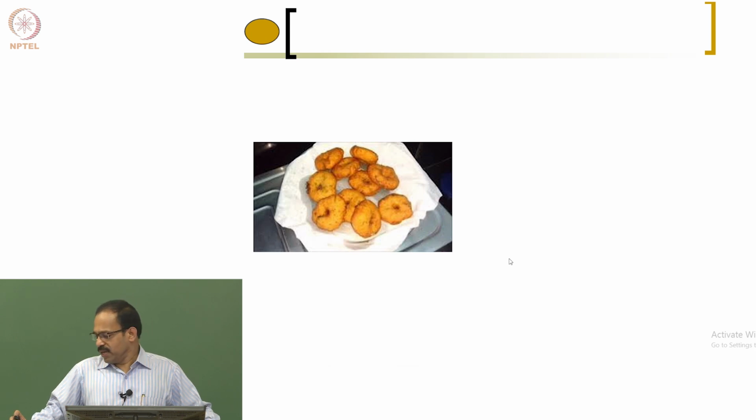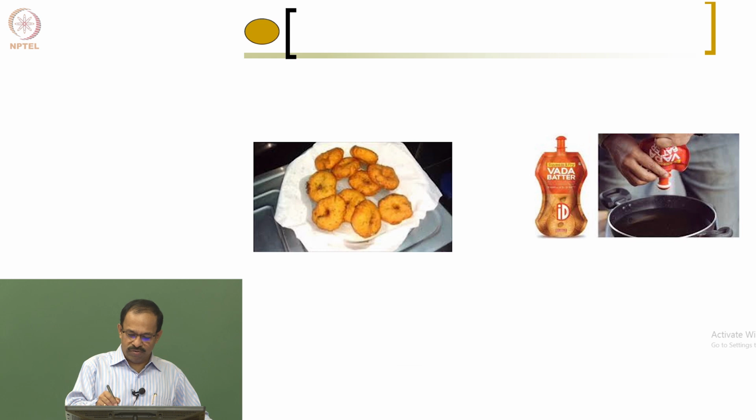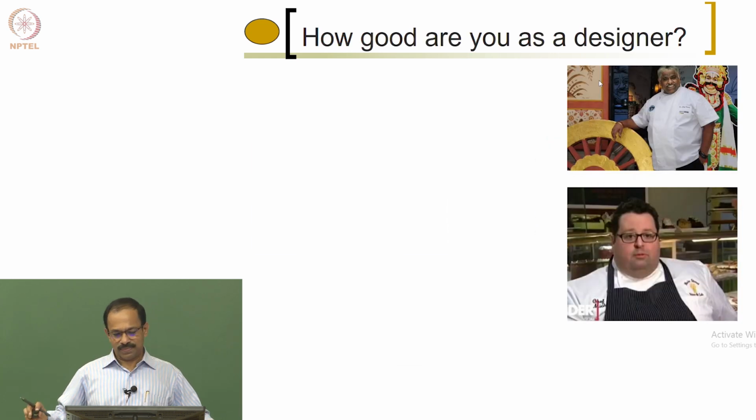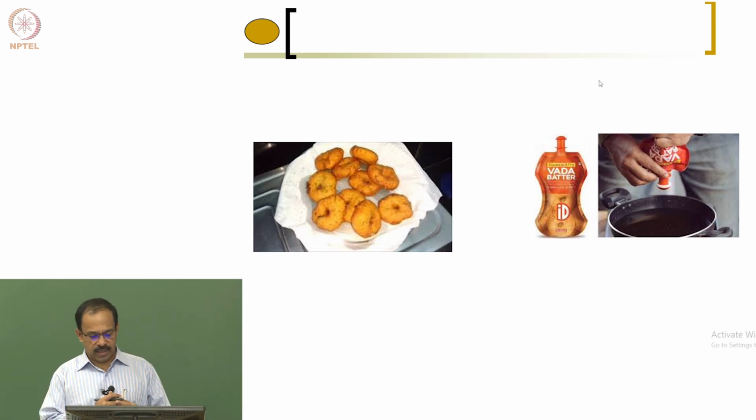And that is when a company in Bangalore, you might have heard about iD, right? This company, iD, is the one which makes a lot of products for dosa, idli and all. You can go and get ready-made ingredients and make it. So this company came up with a product, as you can see there on the right side.